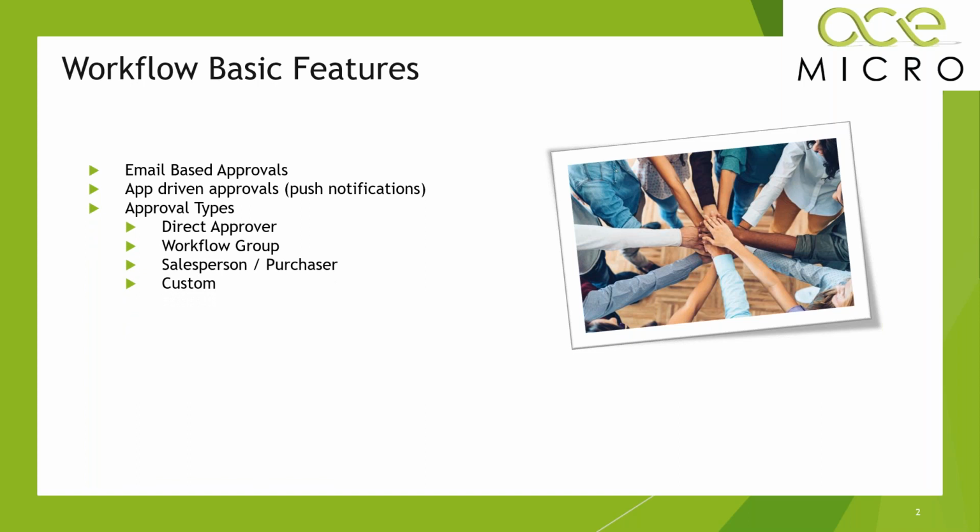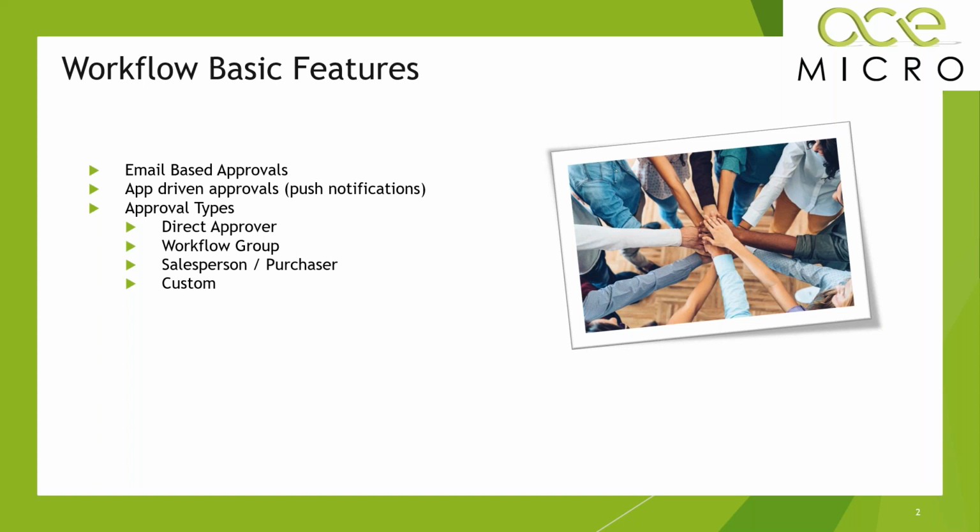We also have different approval types. So we've got 4 basic types of approvals. Every user can have what's called a direct approver assigned to them. So if I'm Greg, I can have Amy as always my direct approver for sales transactions. I can also have a workflow group.